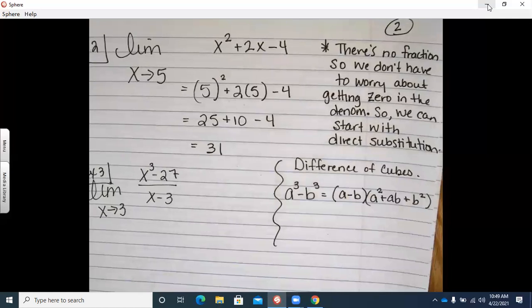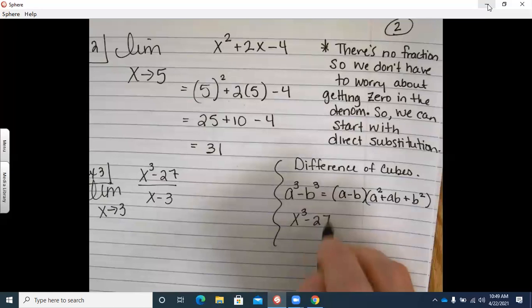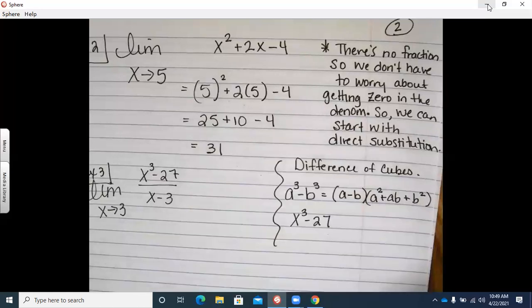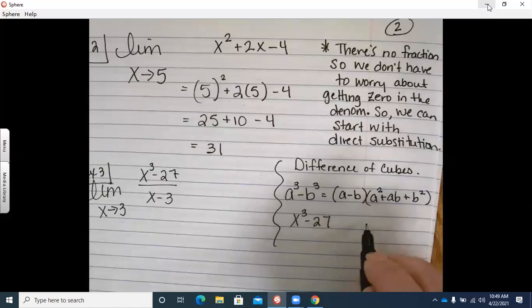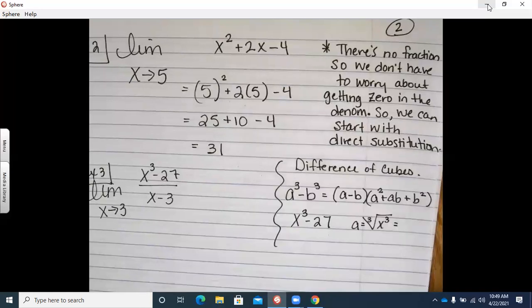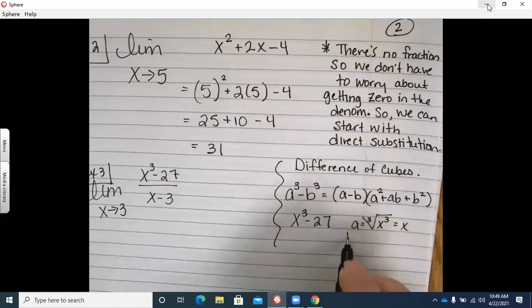All righty? So in this example, let's do x cubed minus 27. And I know a lot of y'all can do this in your head, but you know me. So my A would be the cube root of the first term. So what's the cube root of x cubed? x. My B is the cube root of the absolute value of the second term.